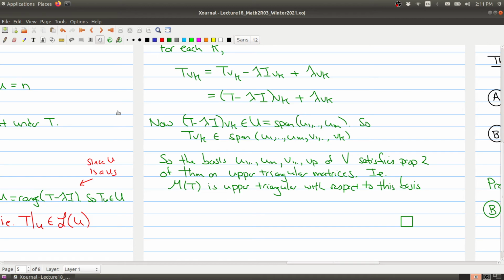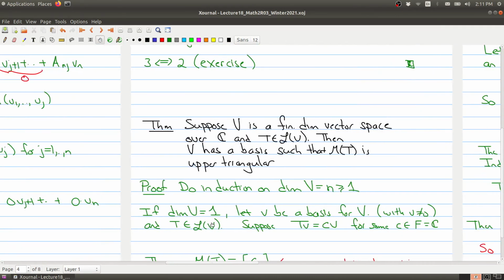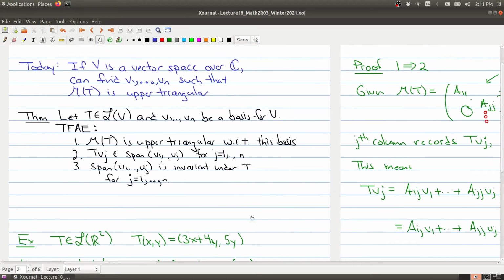Okay, so just to recap, go back to property 2 here, just so you can see it. Right here you're having a basis, and you have to show that you do this one at a time, right? You would want to show that Tv1 is in the span of v1, Tv2 is in the span of v1 and v2.